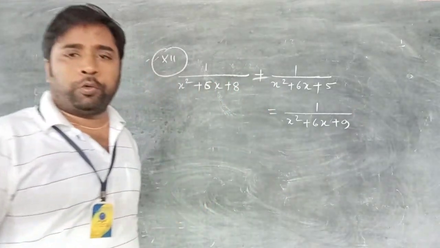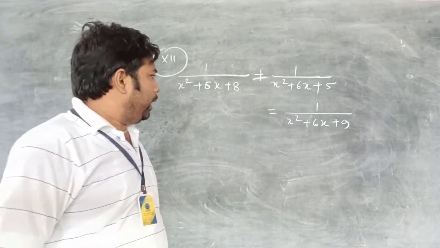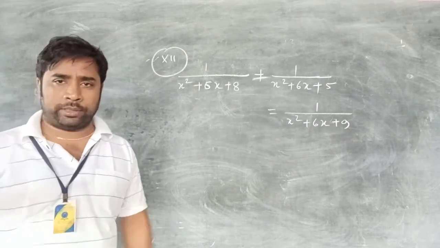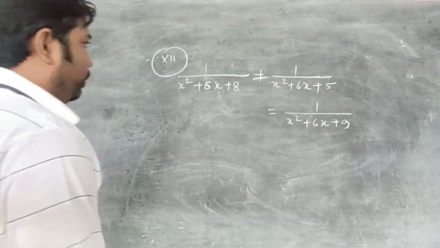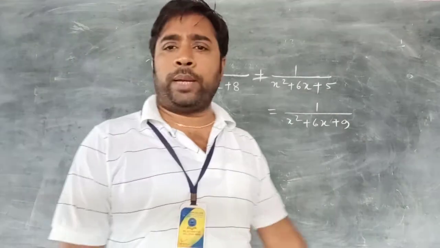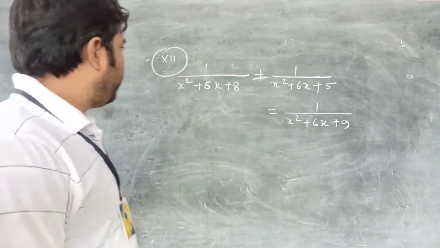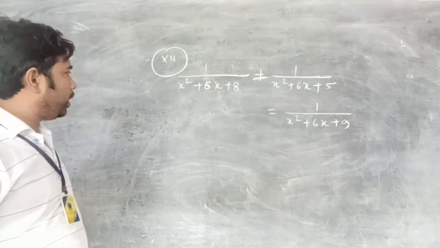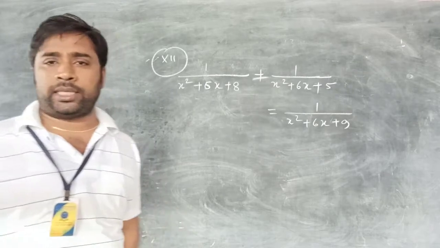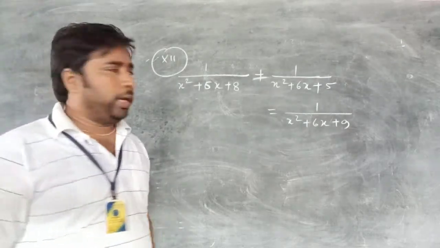So see, if you follow the sum, here again we can apply the same technique which we applied in the previous sums. What is the technique? Because there is a common term in each part. And what is the common term? The common term is x square plus 6x.